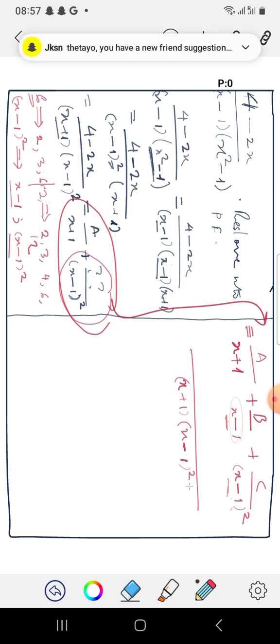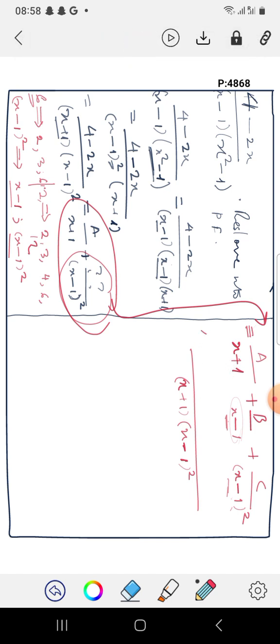Then we continue with our work by saying a into x minus 1 squared, plus b into, what's b going to be? x plus 1.